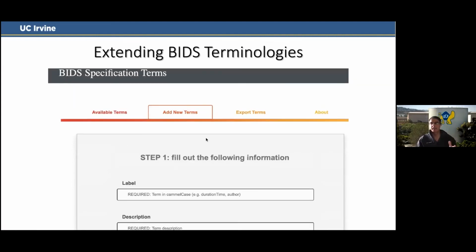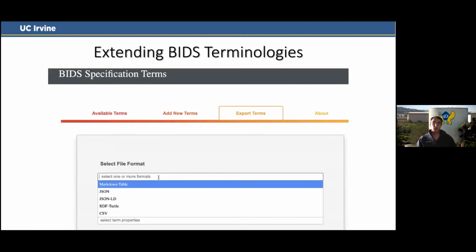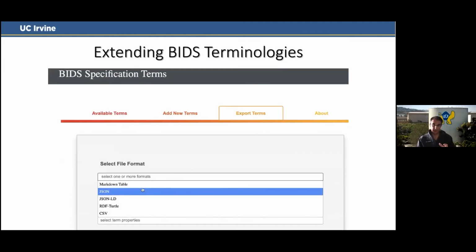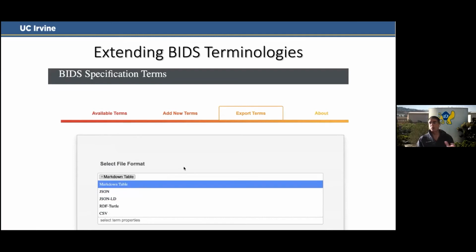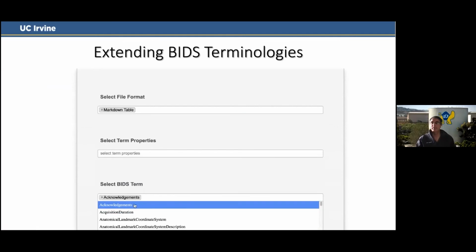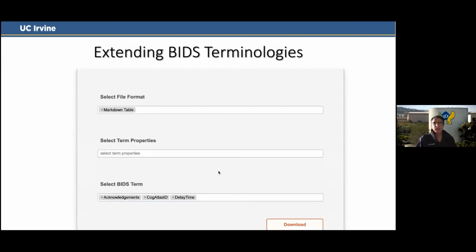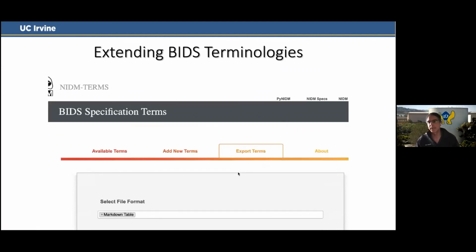And what this does is it prevents you from adding a term that's already been added to the BIDS ecosystem. So if you try to add a new term that's like another term, it's going to say, hey, this one already exists in BIDS, and it prevents these collisions. And then you can export terms with their properties. You can choose which properties you want to export. You can get markdown tables or JSON documents or whatnot.